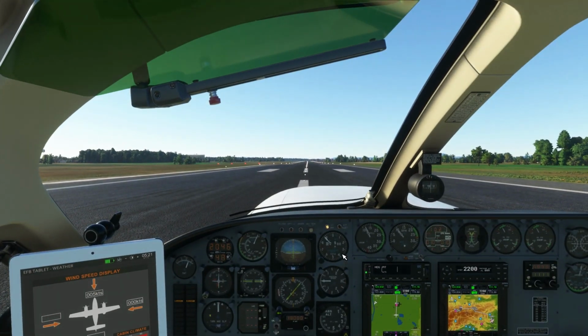Okay, so let's go. The FD is on, AP and YD is off, heading is selected, and pitch is the vertical. Okay, let's go. Let's keep the brakes on.